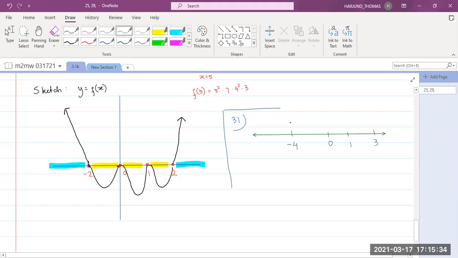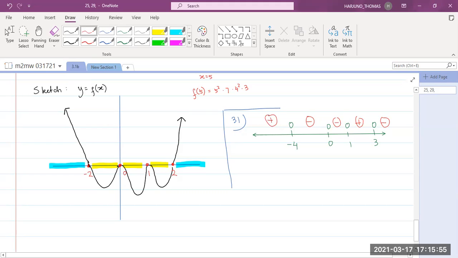Okay, and then they use lines for zeros. And then the sign here is negative. This is positive. This is negative. This is negative. This is positive. Okay, that's from our textbook.